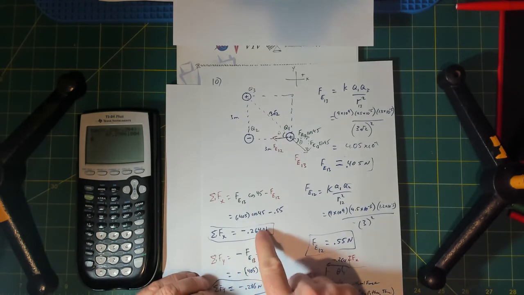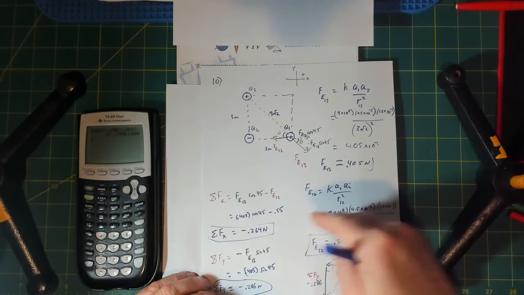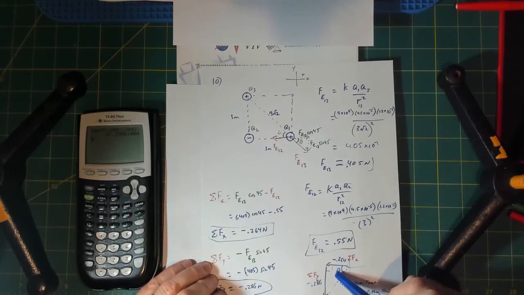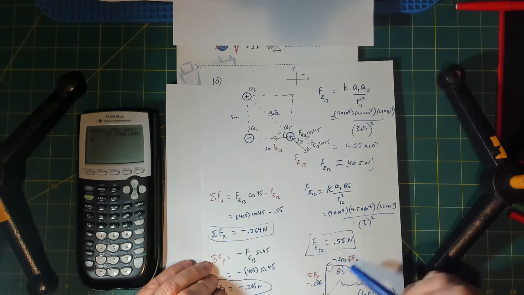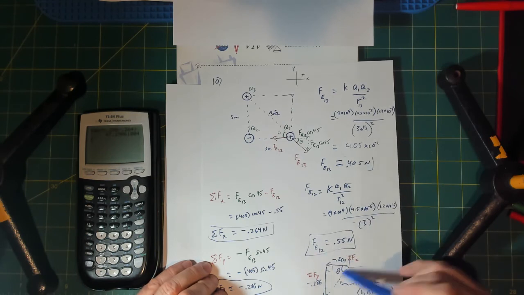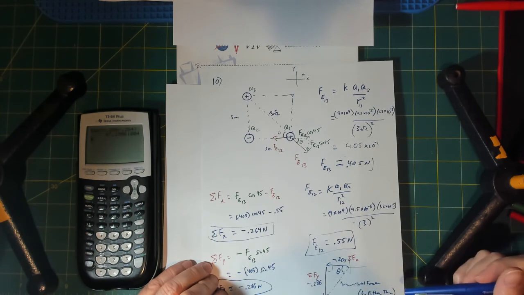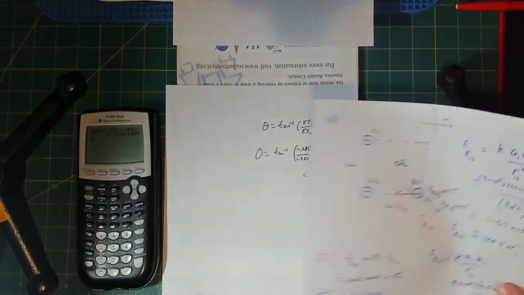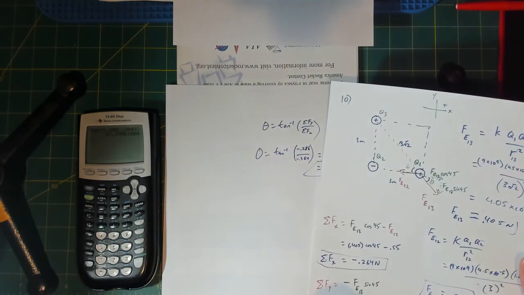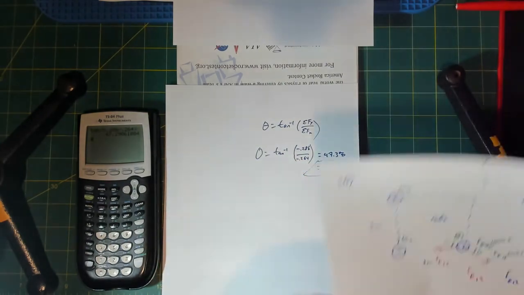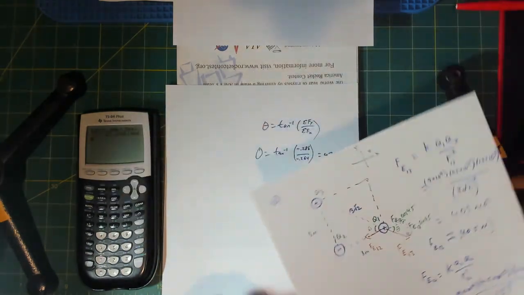And once you've got those two, the sum of all the force x components and all the y components, now I get to use the Pythagorean theorem with the total x and the total y to solve for that vector sum. And once I've got that, I want to know the angle it's at, so I solve for that with an inverse trig function. All right, that's it. That's problem 10.